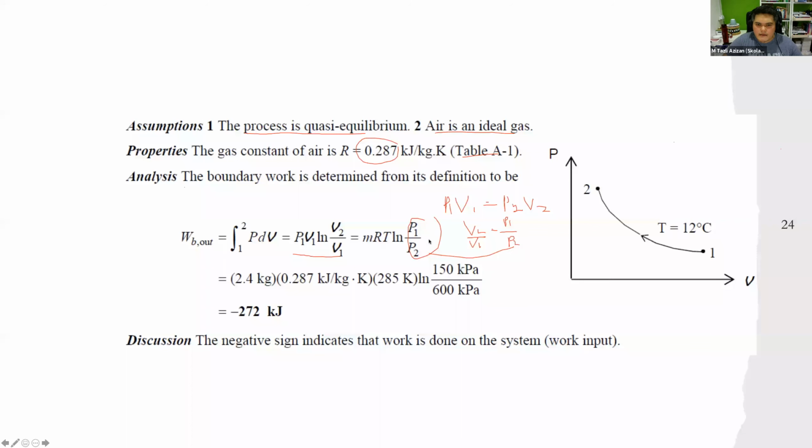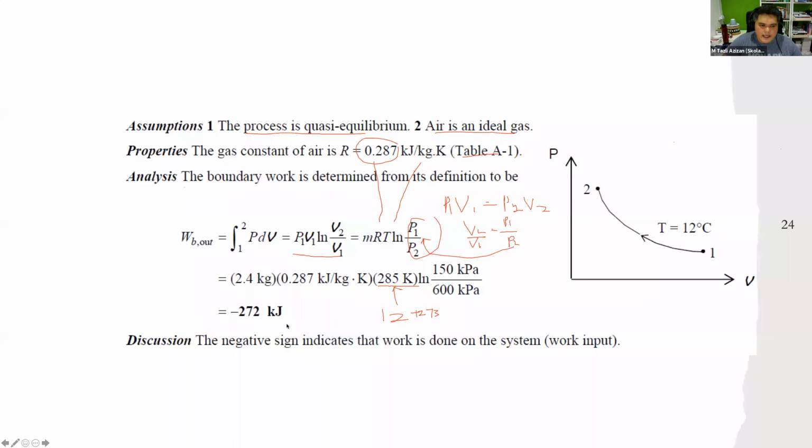So we put in the value here. We know what R is because R is a gas constant, and we know the temperature. Temperature must be in Kelvin, so you have to be careful. When using this equation, make sure that temperature is converted into Kelvin, which is 12 degrees plus 273 K. And then multiply with the mass, and then put in the ln.